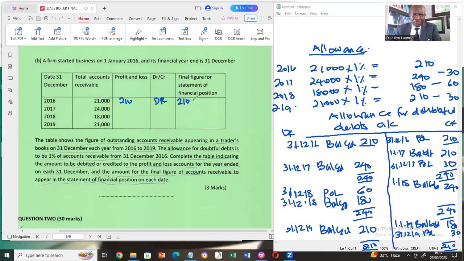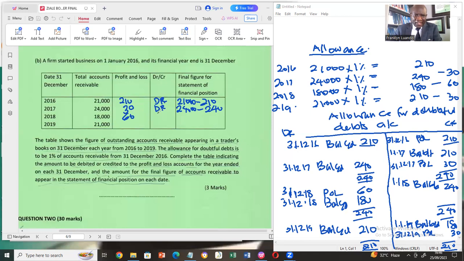In the statement of financial position, the figure will be 21,000 less the allowance for bad debts. In 2017, the amount to charge there is the increase, 30. And you are going to debit. The amount there will be 24,000 less 240, the total allowance. In 2018, there was a reduction, 60.